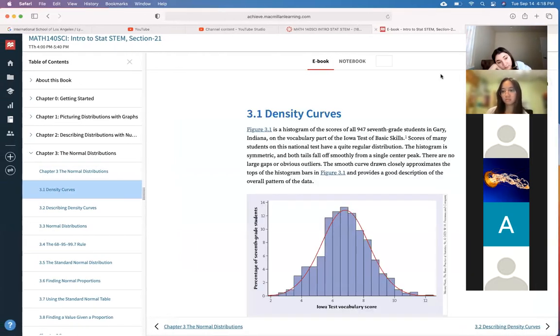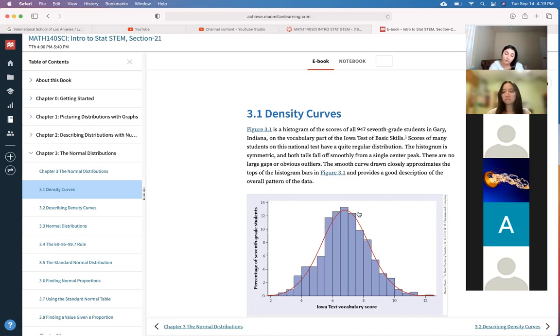So we have another example of the situation. What we have there is a histogram, and this histogram is the actual results of an experiment performed where we were looking at Iowa test vocabulary scores amongst 7th grade students. The histogram tells us essentially the percentage that scored between 2 and 3, 3 and 4, and whatever the numbers are.